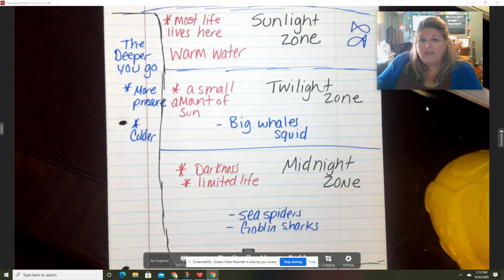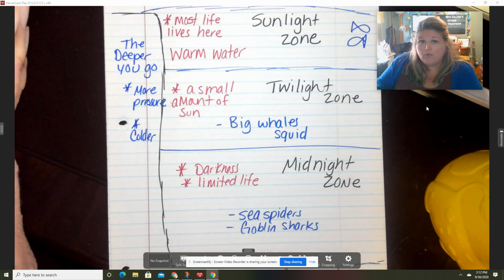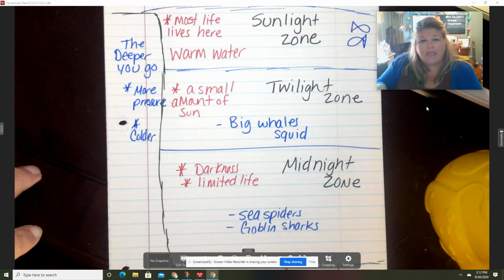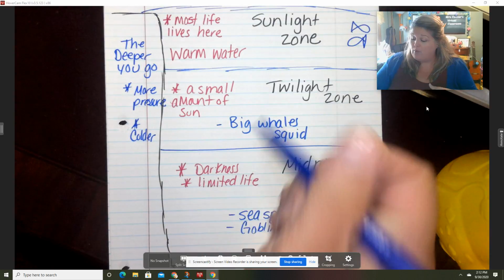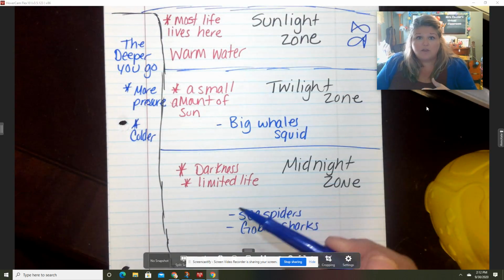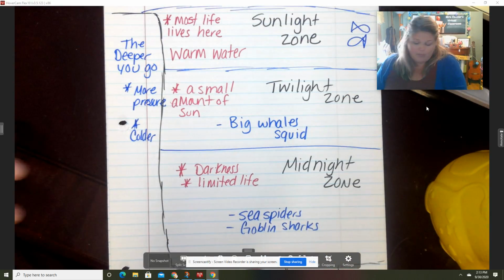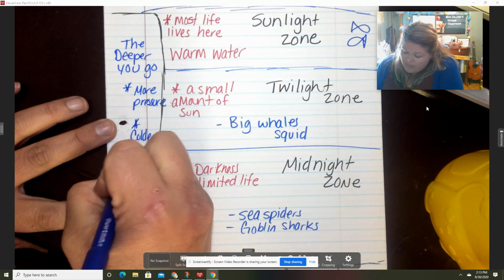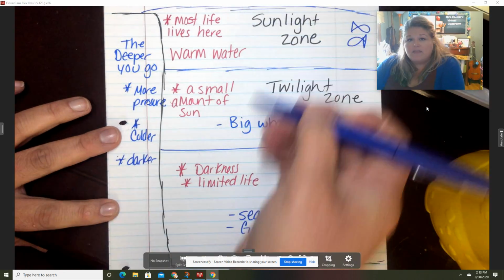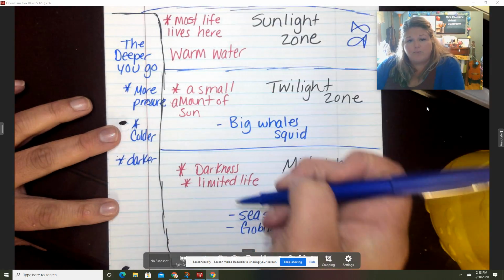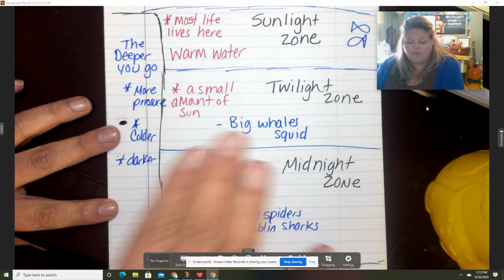The 8 feet of a pool is going to be colder because the sunlight can't go all the way through as quickly as it does at 3 feet. So when you get down here, it's going to be super, super cold. And it's also going to be darker, for the same reason. You can't see because the sun can't go through all those layers of water.